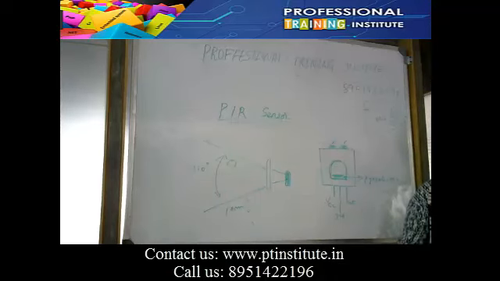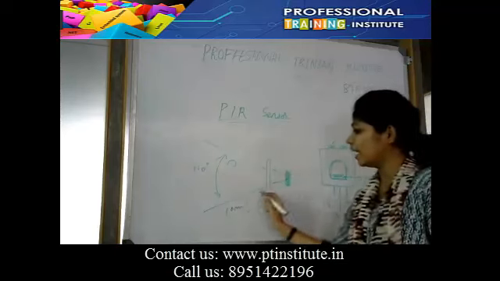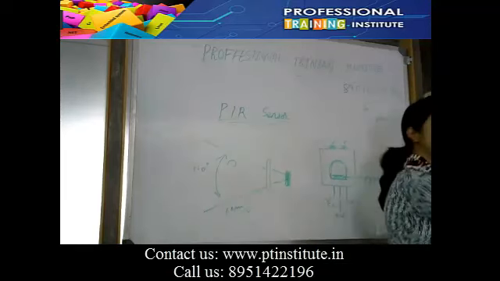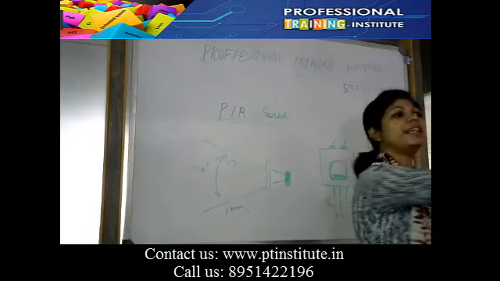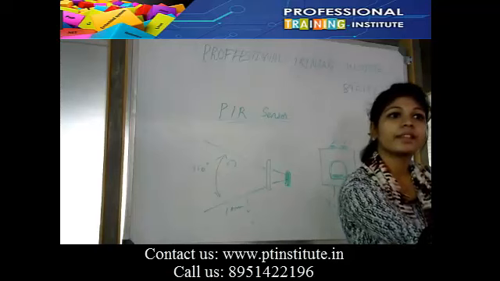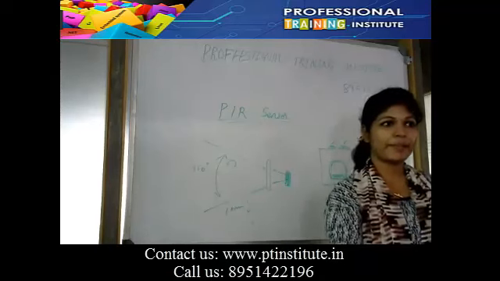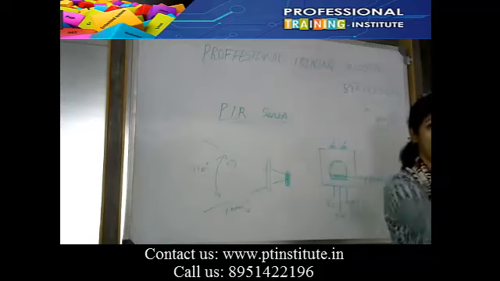We can just set the range, we cannot find the distance. For example, the sensor is here and the range is 100 meters. That will be the detection area, and if you enter that area, only then the sensor will detect you. If I enter at 15 meters, it will not sense you, because it is designed for that particular range.